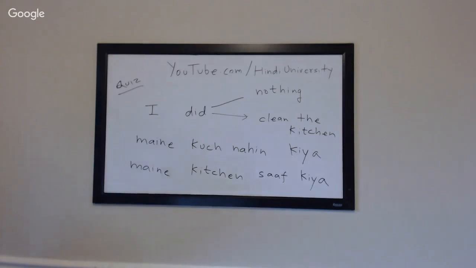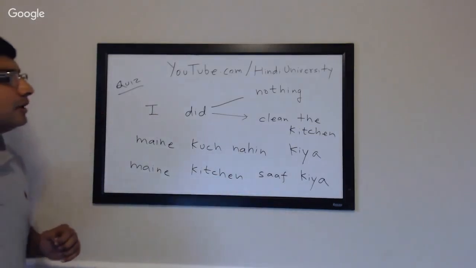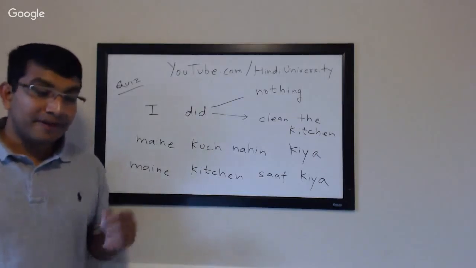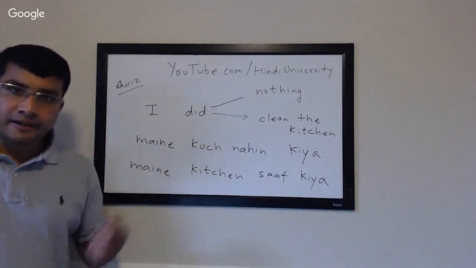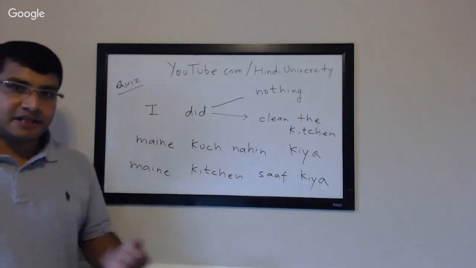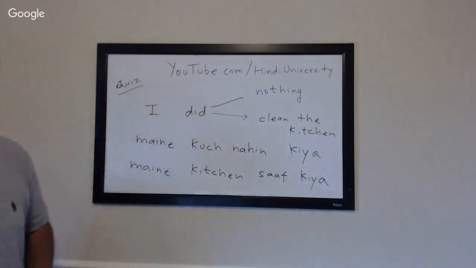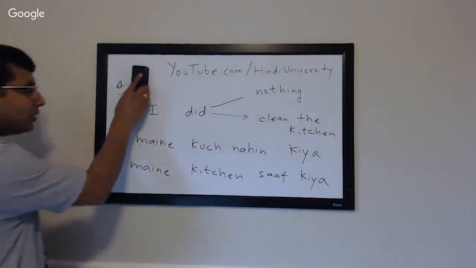Okay, so I hope this is clear. The homework assignment for you is to think about masculine singular objects and try to use them with kia in the past form. Think about two objects. Okay, so let's move on.